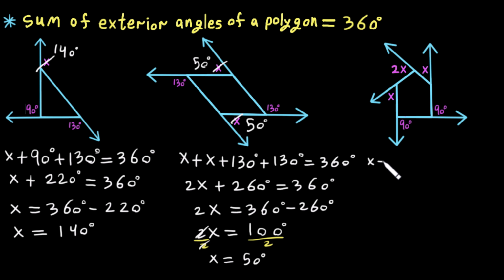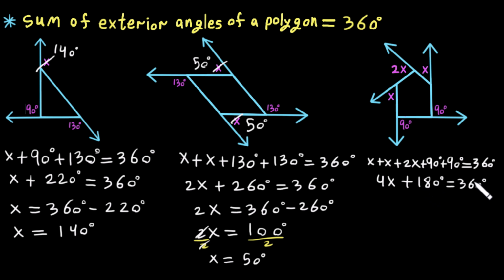So here x plus 2x plus 90 degrees plus 90 degrees equals 360 degrees. If we sum these variables, x plus 2x gives us 4x, plus 90 plus 90, which is 180 degrees, equals 360 degrees.